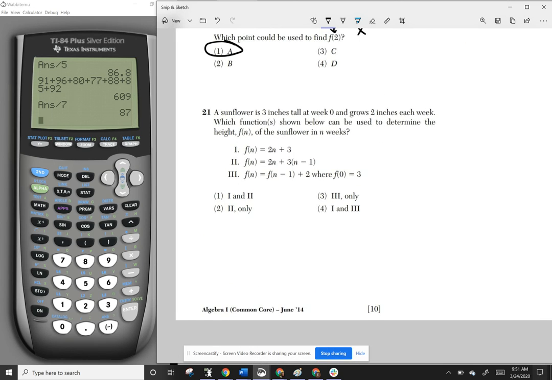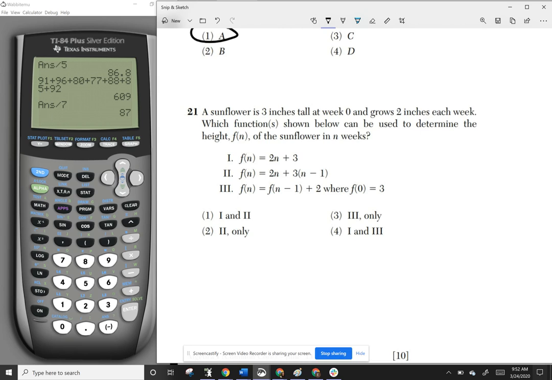Okay, 21. A sunflower is 3 inches tall at week 0 and grows 2 inches each week. Which function shown below can be used to determine the height of the sunflower in n weeks? So height is f of n and n is weeks. Looking at number 1, we have 2 times n, which is the weeks, plus 3.